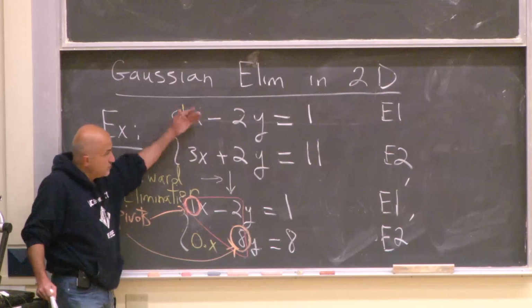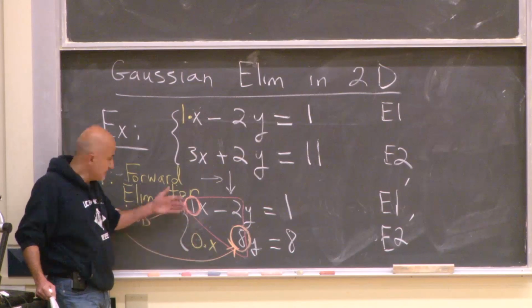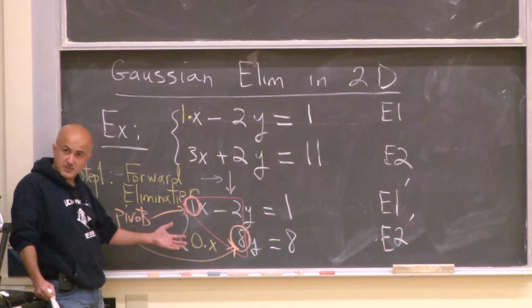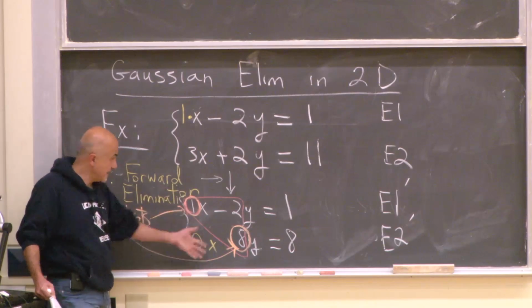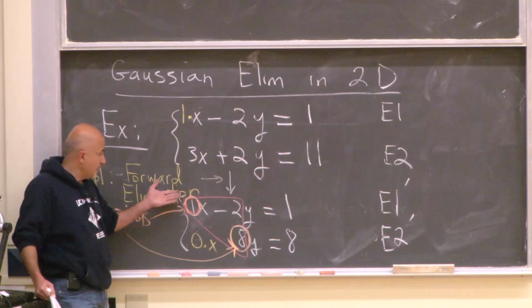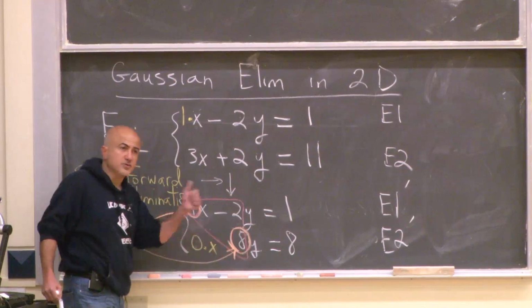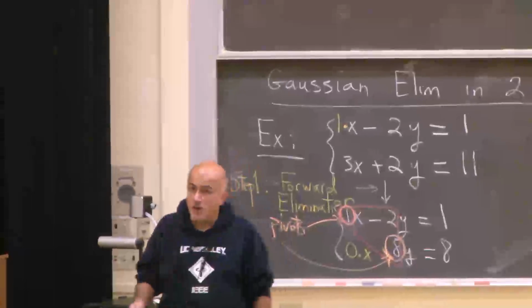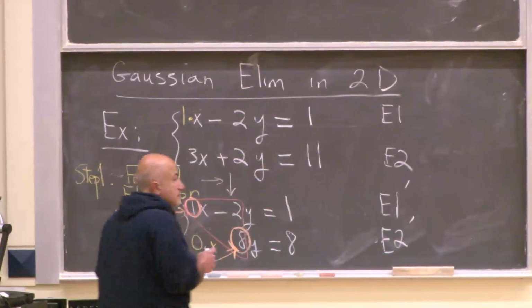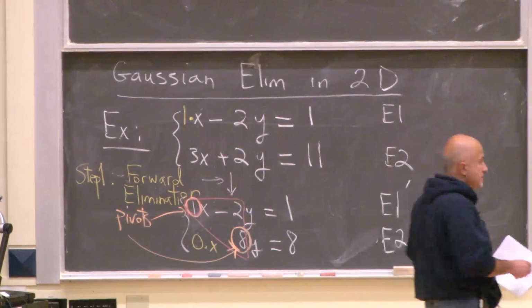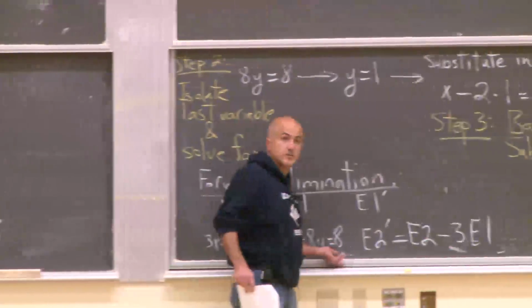As long as you do forward elimination, get rid of all the coefficients in the bottom left part of the diagram here, and you have non-zero coefficients along the main diagonal, you're good to go. Your system has a unique solution. Things go wrong when one of those pivots turns out to be zero, one or more.